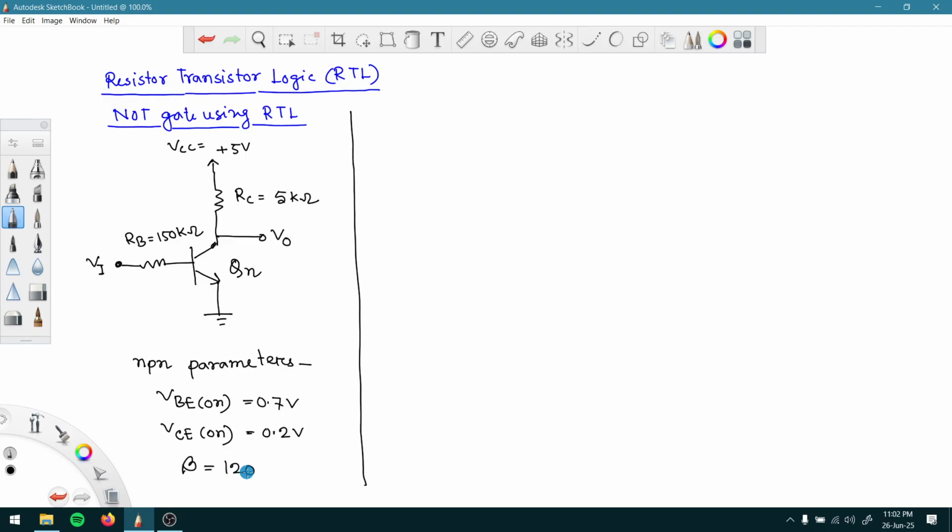Now this circuit we are seeing here is actually an implementation of a NOT gate using RTL. If you give a logic high here, you are going to get a logic low here, and if you give a logic low here, you are going to get logic high. That is the thing we will try to discuss here.